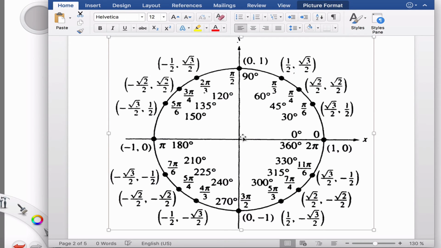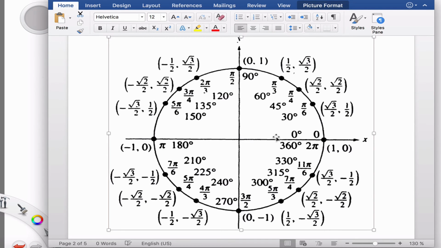Suppose I wanted to find the cosine and sine of 210 degrees, or 7 pi over 6. How would I get these values, negative square root of 3 over 2 for cosine and negative 1/2 for sine? If you notice here, there's a reference angle of 30 degrees. The reference angle is the difference between the terminal side of the angle and the x-axis.